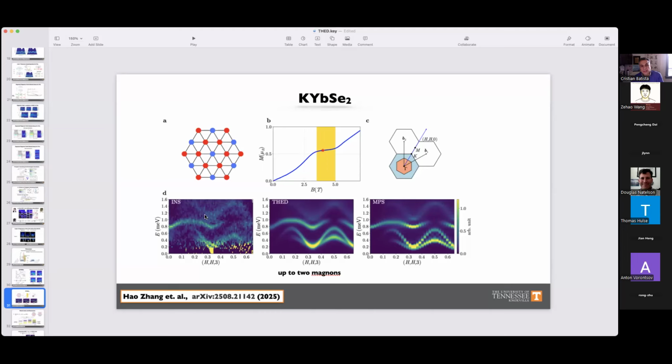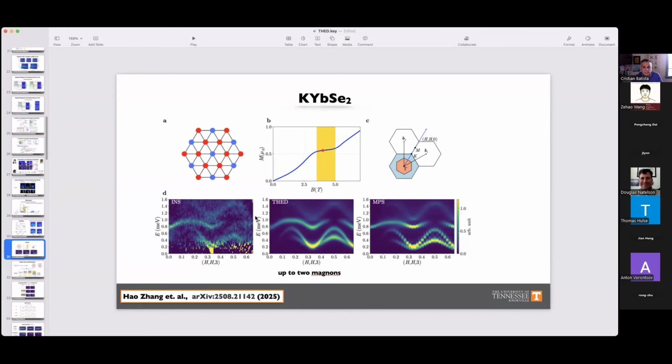You also see this kind of resonance above the single magnon dispersion. Now I'm showing you not only the matrix product state result, but also what we get using exact diagonalization in a truncated Hilbert space where we include up to 2 magnons. So we capture this resonance.